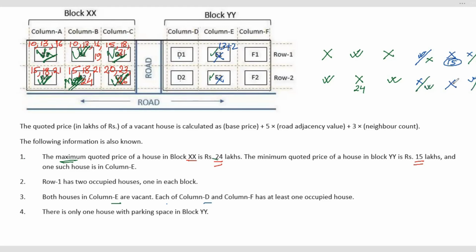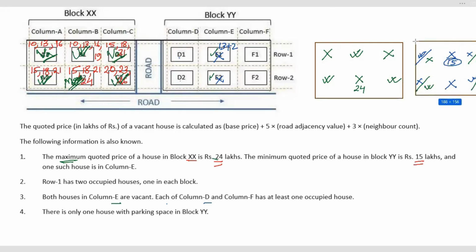I have drawn blue and green. These are the two cases as per the occupied or not information of the block. Basically I have tried to draw, this is one block and this is the other block. My information would be like that.